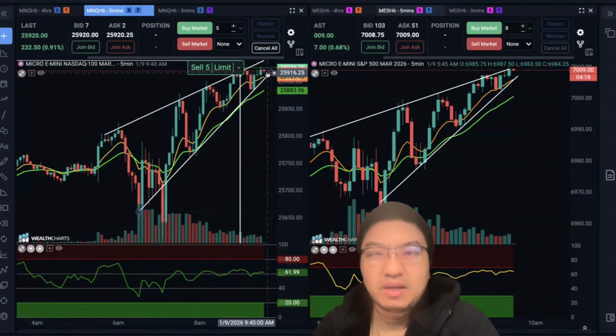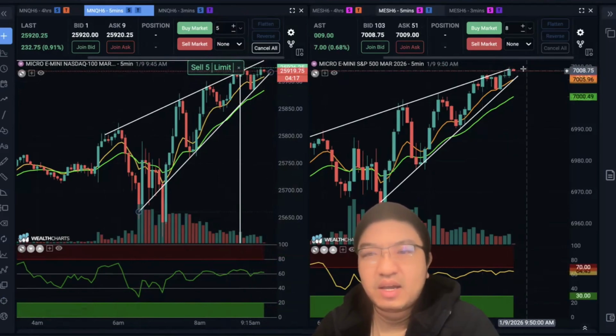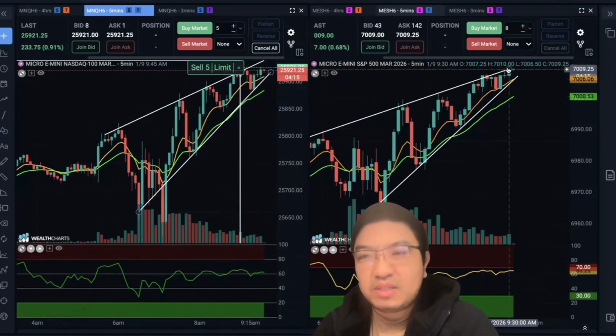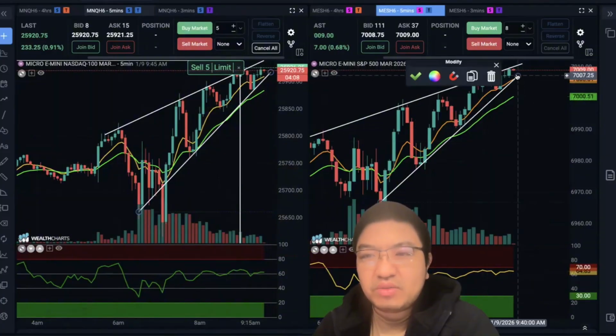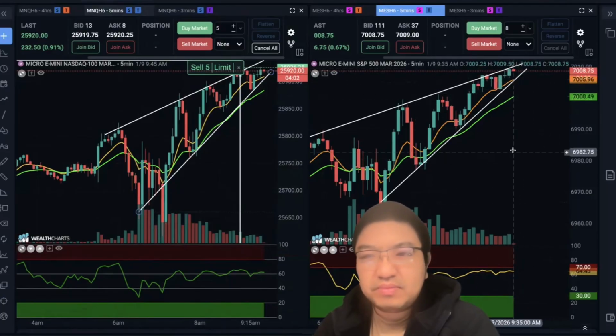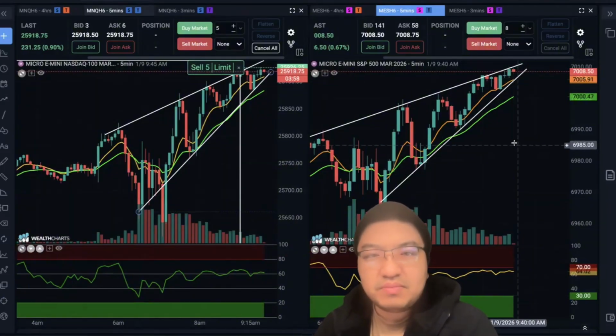It ends up being flat, and this is a higher high, but it's already aggregated into this upward channel. In the channel, the buying momentum keeps decreasing, so probably it will drop somewhere here. We'll see.